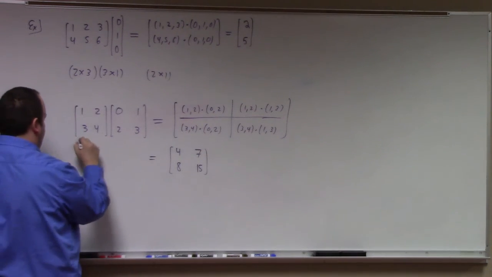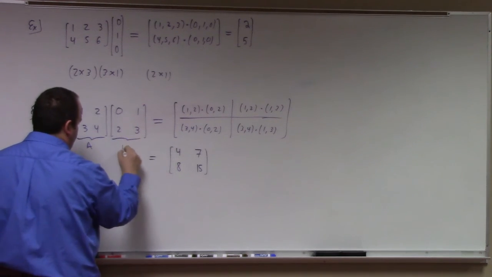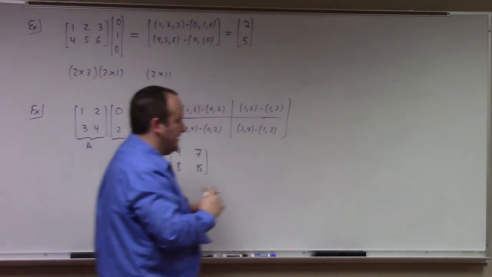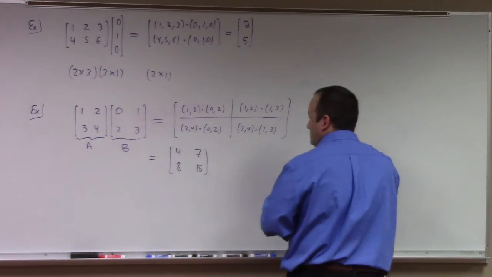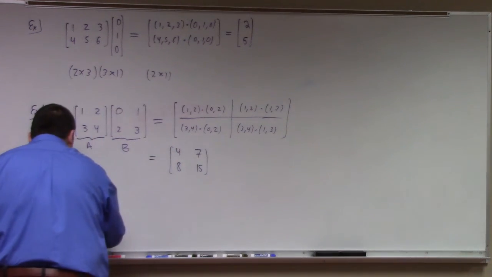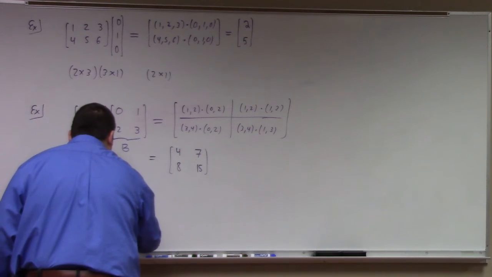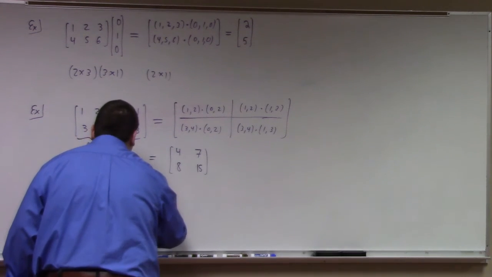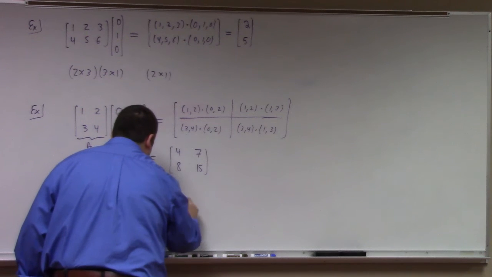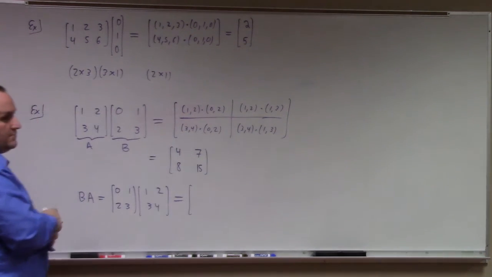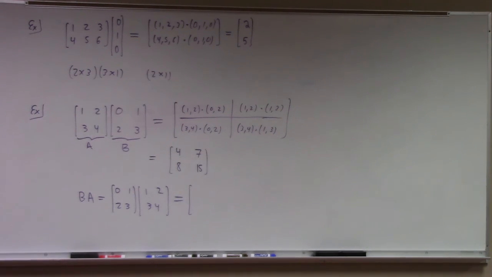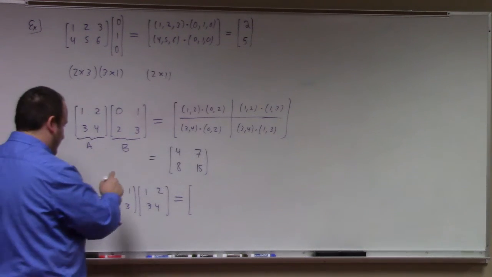Okay, so let's call this A. Let's call this B. Let's calculate BA. What do we get for BA? I'm just going to do it in my head this time.